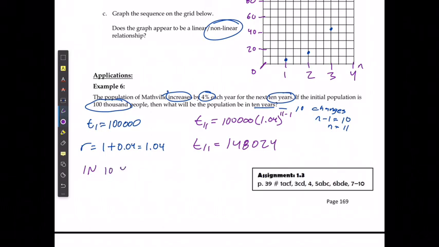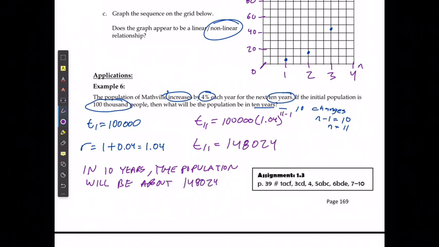In 10 years, the population will be about 148,024 people.